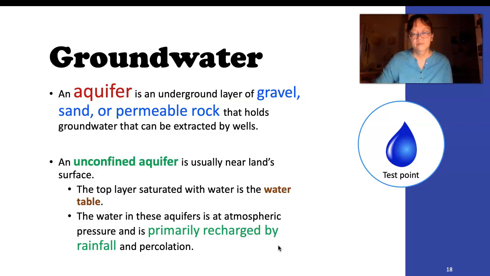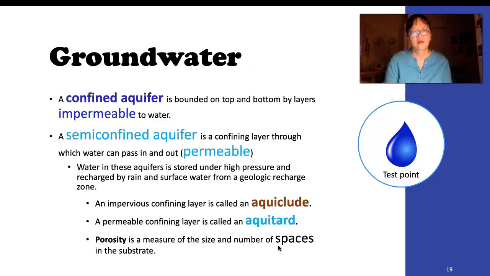And a confined aquifer is bounded on top and the bottom by layers impermeable to water, and the semi-confined aquifer has confining layers through which water can pass in and pass out. So water in these aquifers is stored under high pressure and recharged by rain and the surface water from a geological recharge zone.